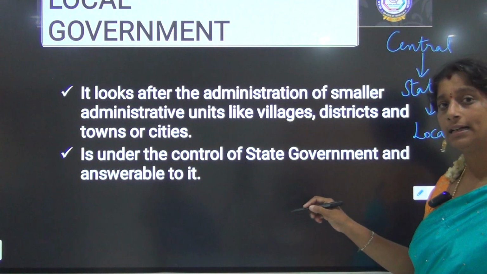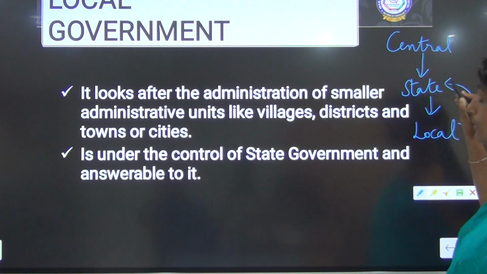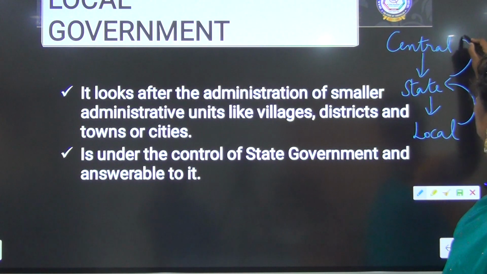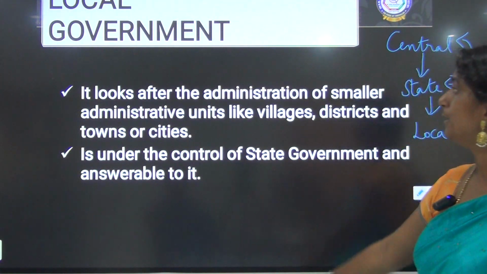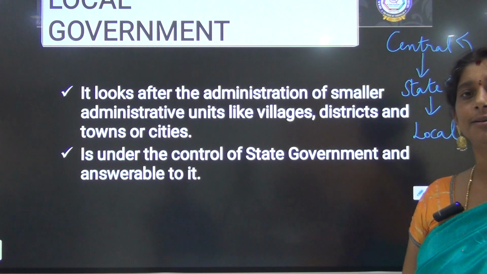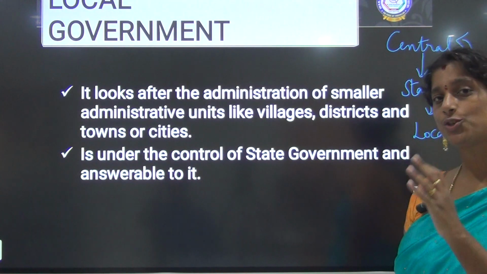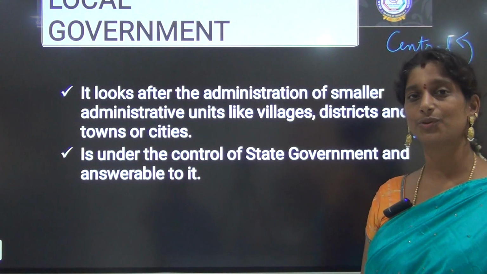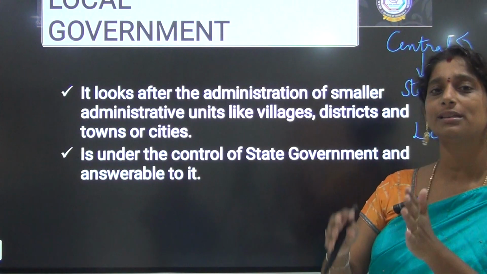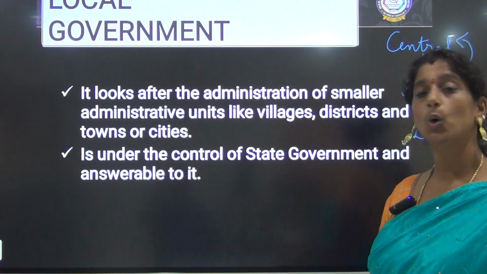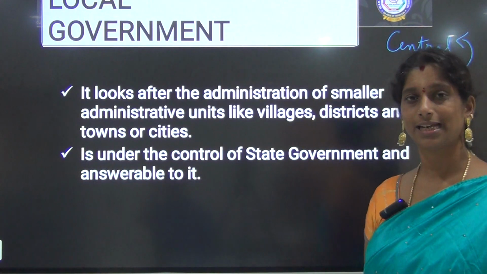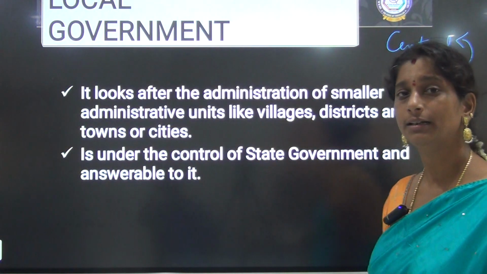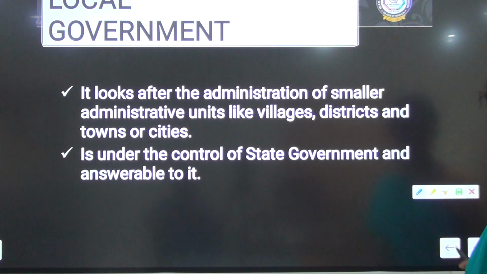So in turn, local government is answerable to state government, and state government is answerable to central government. Clear? So this looks after the administration of villages, small towns, districts, and all these small units are being governed by local government. So it is under the control of state government. So these are the three forms of government.